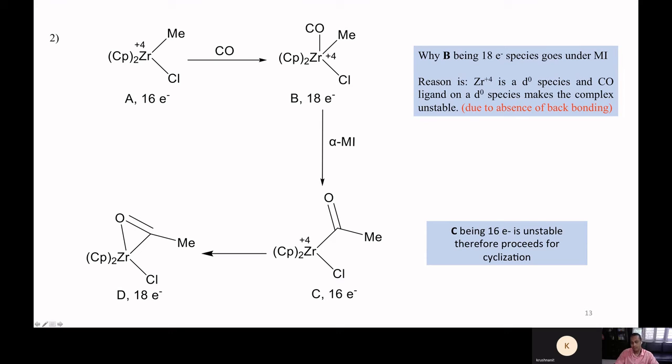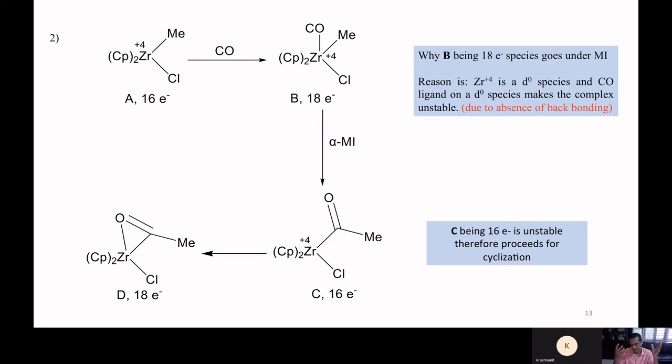But for a metal carbonyl species to be stable, we need to have metal to carbon monoxide back donation. What we have learned previously is that any ligand which can donate to metal will be called a ligand. Any substituent that can donate to metal, that is a ligand.